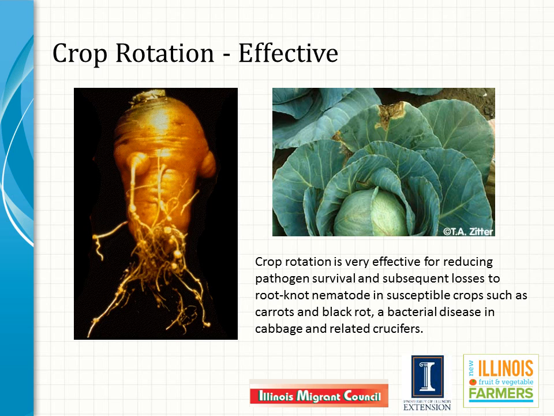So, examples. Among many plant diseases that are managed effectively by crop rotations, root knot nematodes in carrots and related crops, and black rot, a bacterial disease of crops in the cabbage family, are very susceptible to crop rotation. The pathogens decline during periods when the susceptible crops are absent.